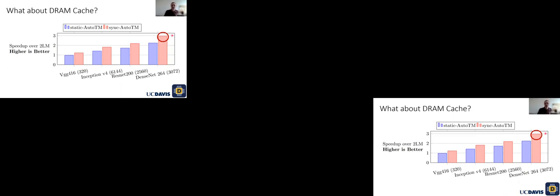So in the best case, DenseNet, we get about a 3x performance over the hardware cache. This again shows that the DRAM cache isn't great, but if you're smart about it, you can use software to do a much better job of moving this data around.